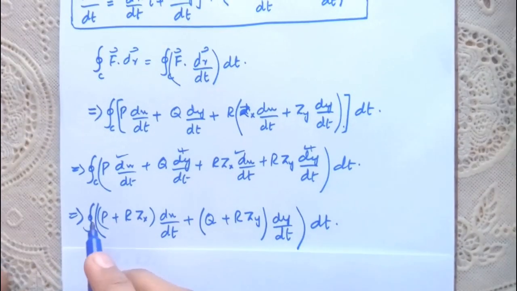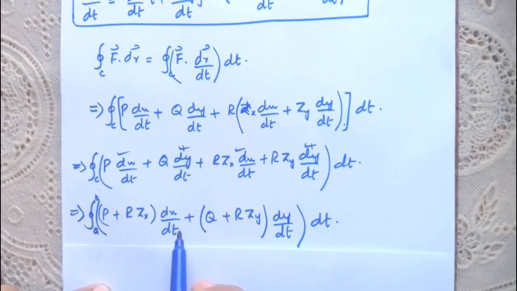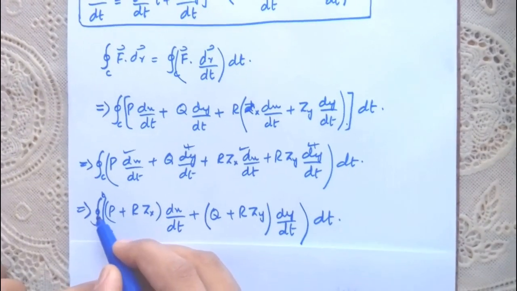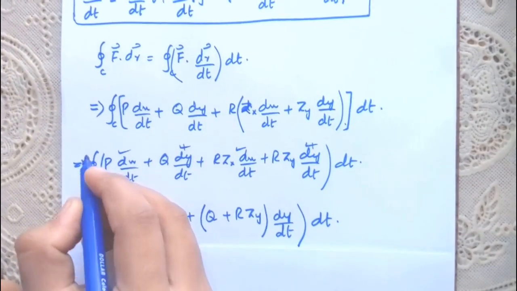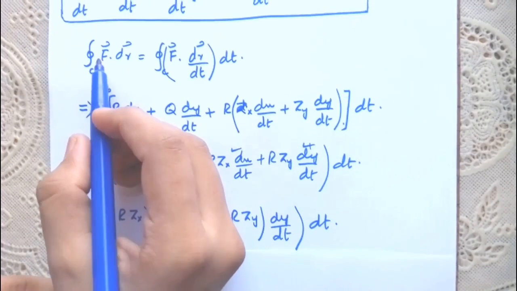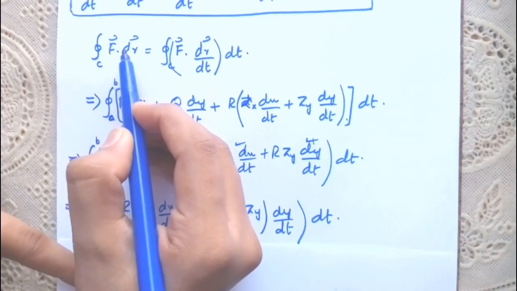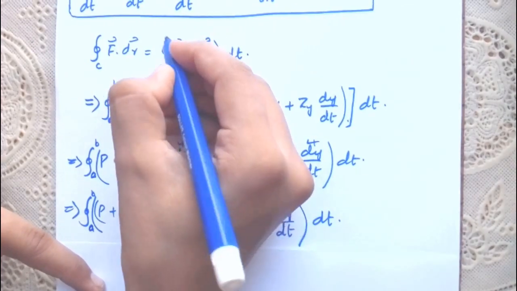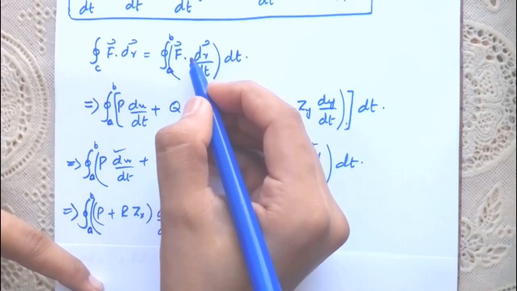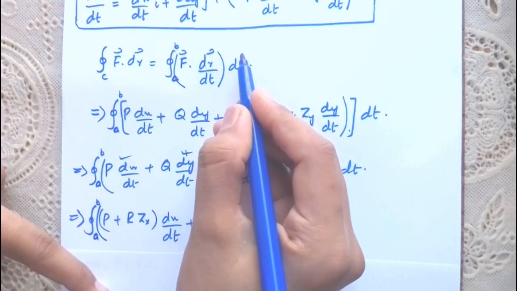Sorry, this integral will be from a to b, meaning when we wrote it in parametric form the integral will be from a to b. So the line integral over the closed curve C of a vector field f dot dr is equal to the integral from a to b of a vector field f times dr over dt times dt.